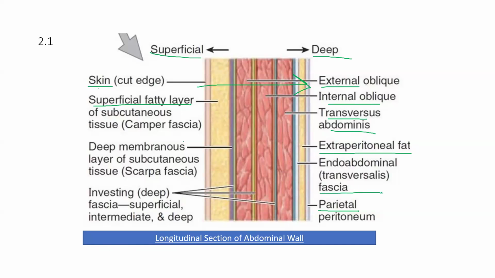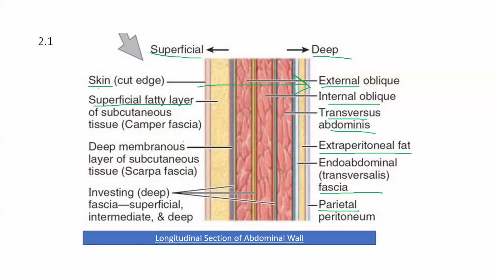Remember, in your exam you are given this question, but you may not know all the layers of the anterior, otherwise lateral, abdominal wall. So what do you do? If you know the skin, you can draw it. If you know the next one is the subcutaneous fat layer, you can mention it.